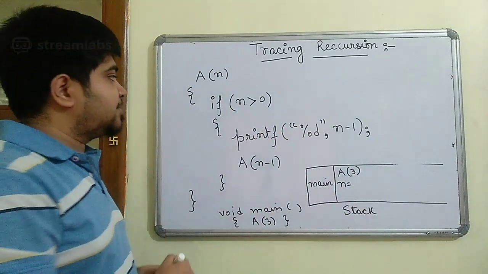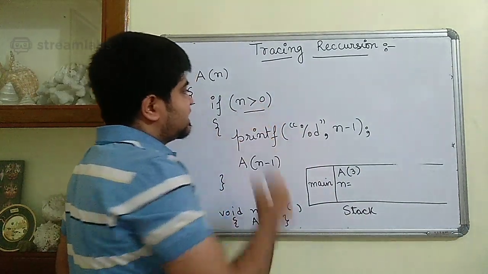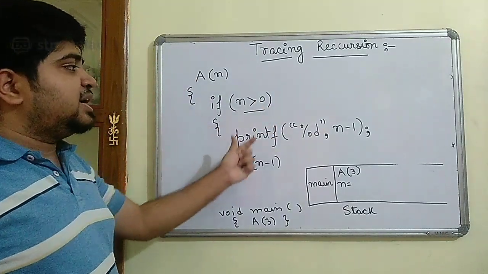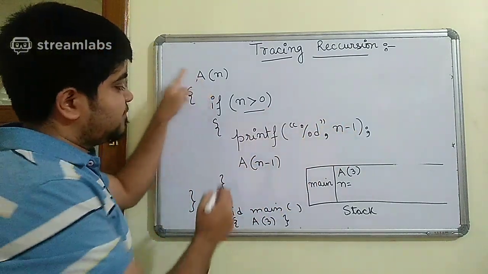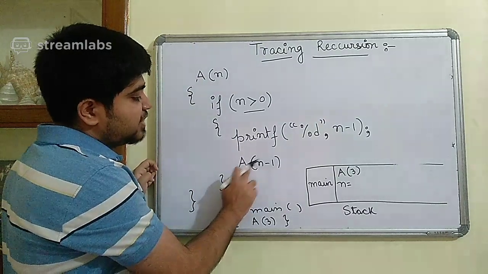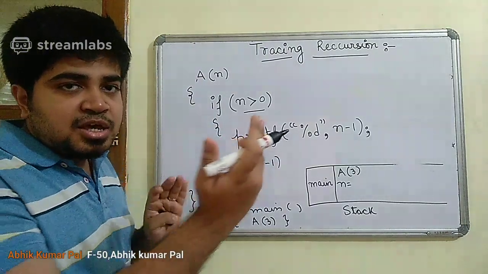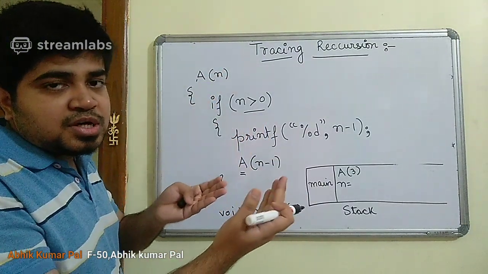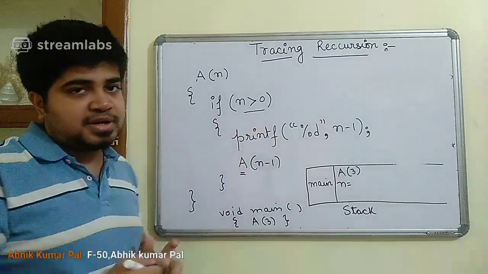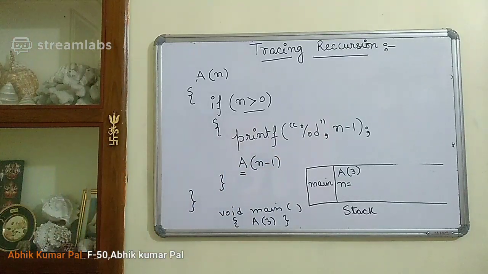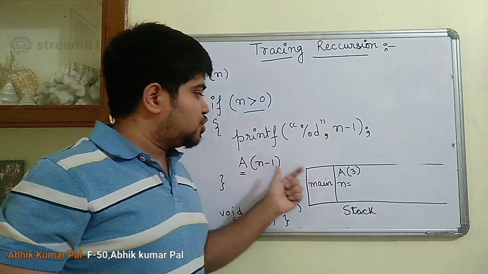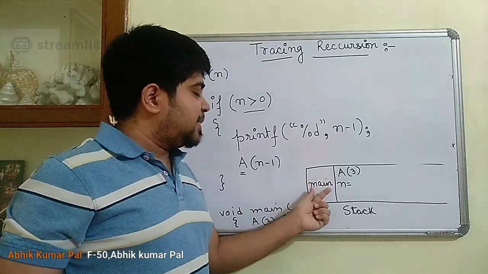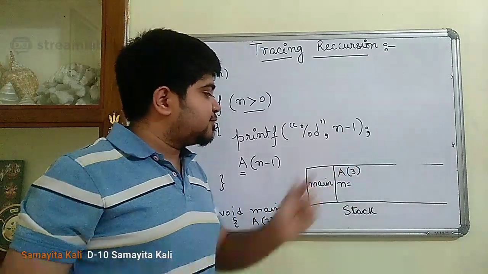Now let's see what is happening. If n is greater than 0, printf n, and we call this same function A with n minus 1, that is, the content of n, whatever it was, is now reduced by 1, right? So what happens is, main calls A of 3.